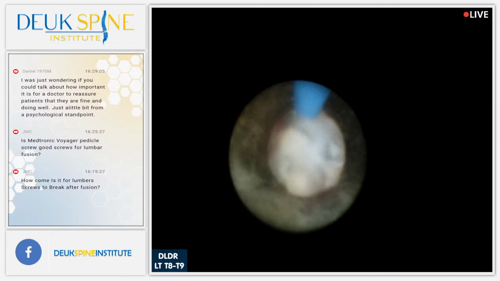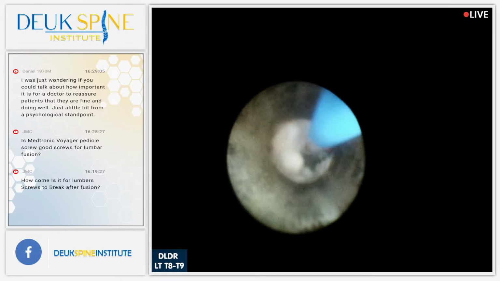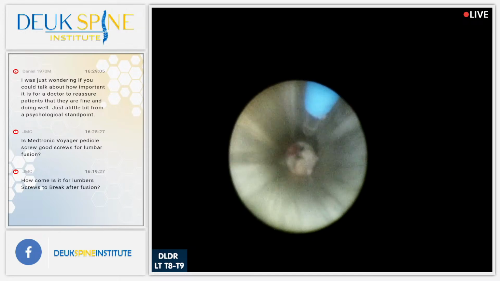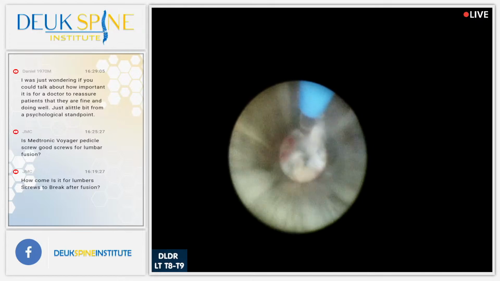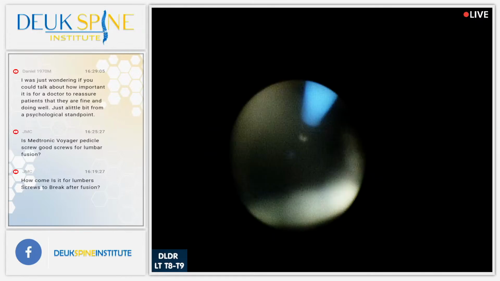Wow. Fascinating to me. You guys see a little fat there in the foramen? We're done. Lights on, please. Thank you. Scope off.